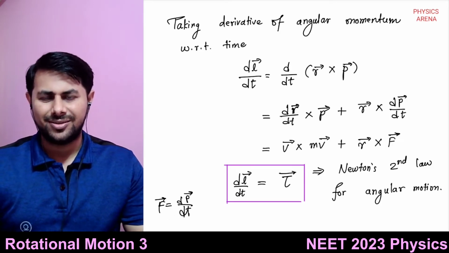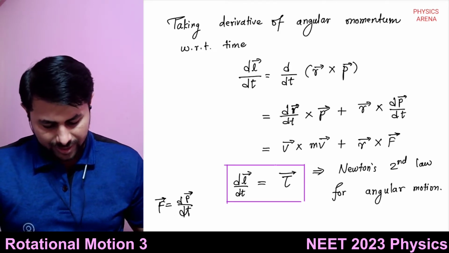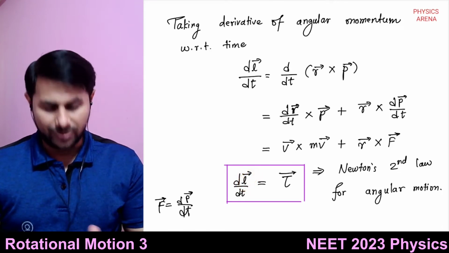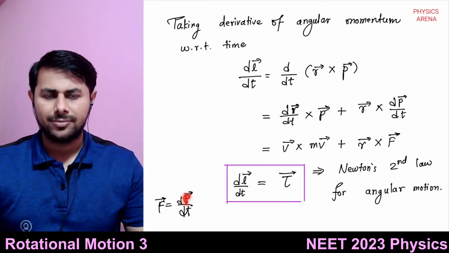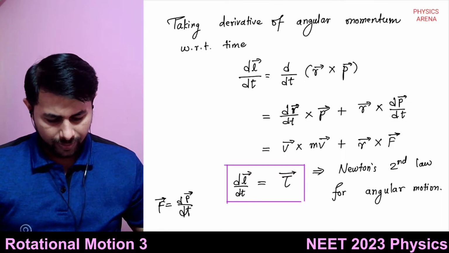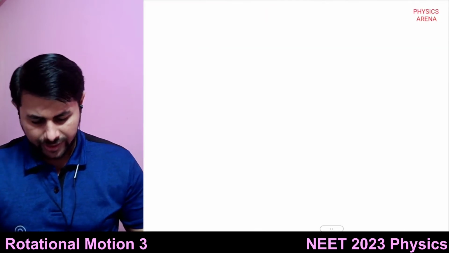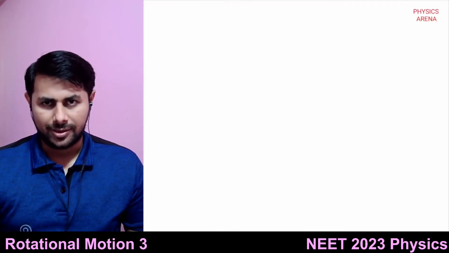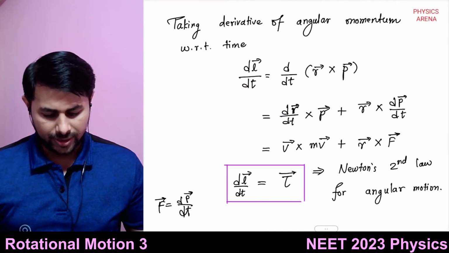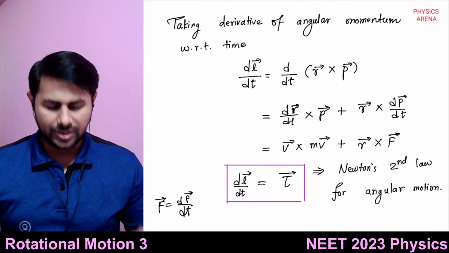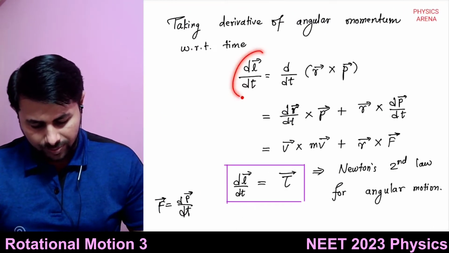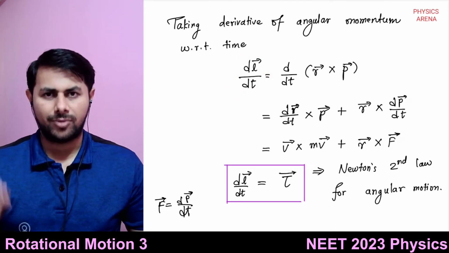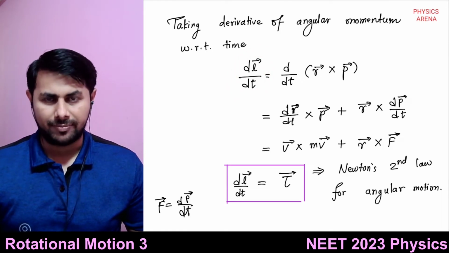So is this thing clear? Have you understood how this is the analogous quantity of momentum? So alright, this is for the case of one particle. We discussed the torque acting on one particle, which is equal to the rate of change of angular momentum of one particle with respect to time.